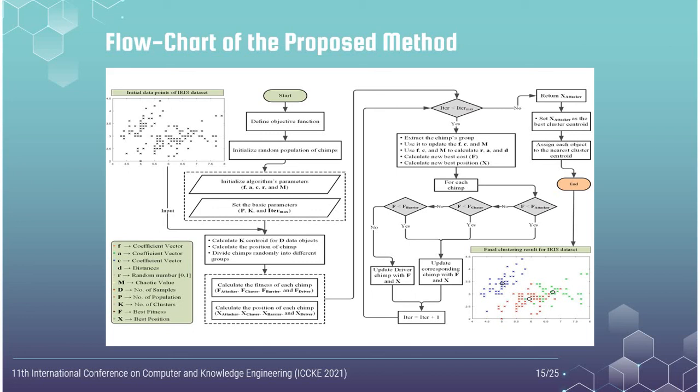Finally it finds the chimp with the minimum fitness value and considers it the best chimp, which is X attacker. X attacker is our best cluster centroid, and each data object is assigned to the nearest cluster centroid.